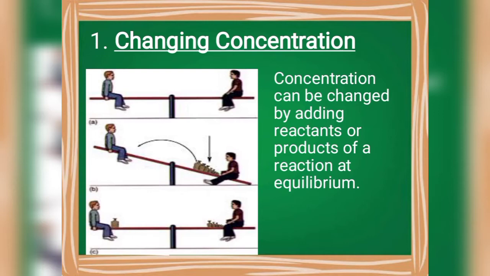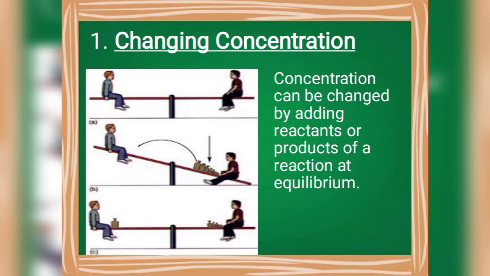And if you add product, the backward or reverse reaction will start occurring at a faster rate and reduce the concentration of product to restore the equilibrium.